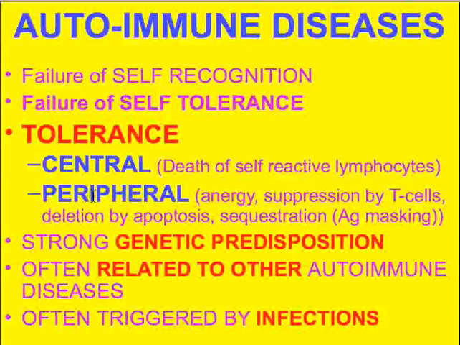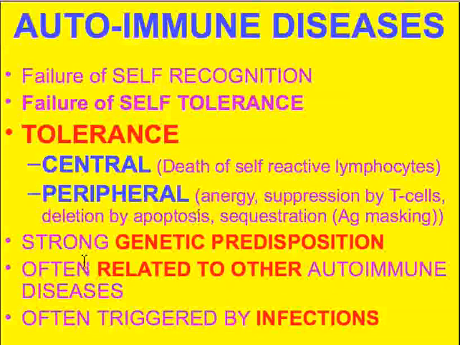In peripheral tolerance, there's a variety of mechanisms which are normal, and one is to have the abnormal cell that would normally be attacked deleted by apoptosis, or sequestered, figuratively, by the fact that its antigens are being masked from cells which would normally attack it. In peripheral tolerance, we normally have concepts like anergy or suppression by T cells.